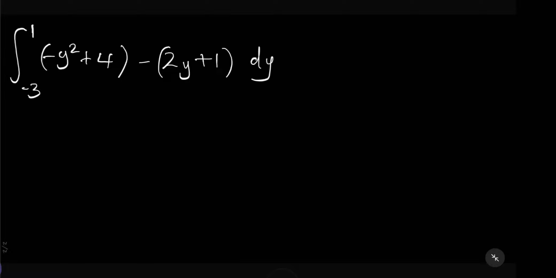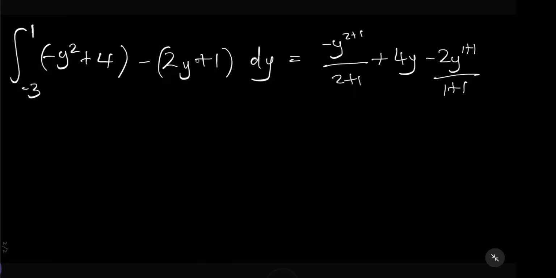So for our integration, we integrate this and it would equal minus y to the power 2 plus 1 over 2 plus 1, plus 4y, minus 2y to the power 1 plus 1 over 1 plus 1, minus times plus would be minus y, and everything is from the value of minus 3 to the value of 1.